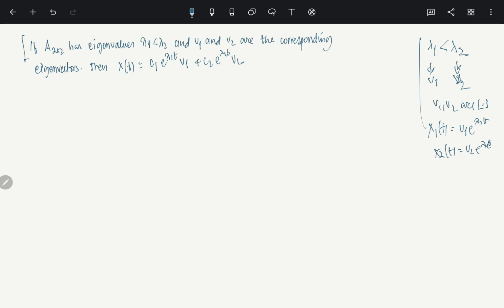You remember the method of eigenvalues when we studied this, we did exactly the same thing. Now, what is the norm of x of t?